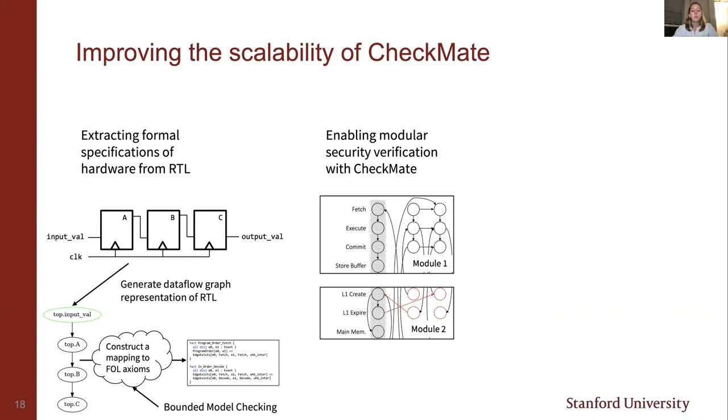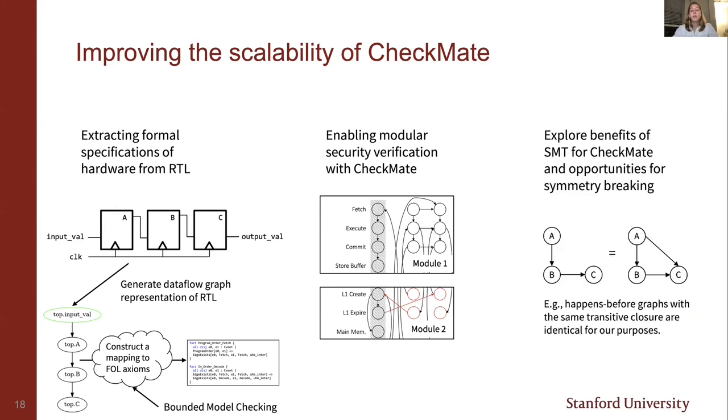So our second goal is to adapt the CheckMate algorithm to conduct modular and hierarchical security verification. Finally, CheckMate's current implementation suffers from inefficiencies that result from a naive encoding of our security verification problem in SAT. We believe we can exploit domain-specific knowledge to benefit from SMT and symmetry breaking strategies.